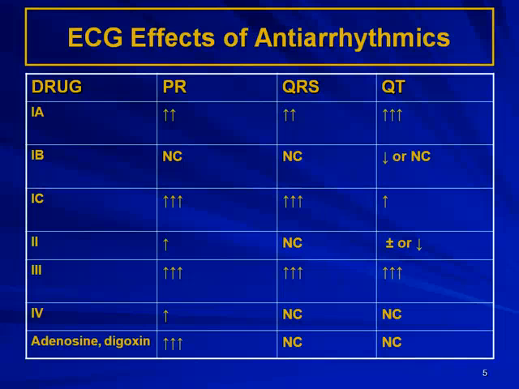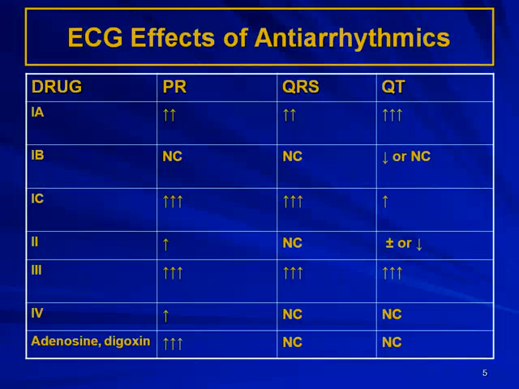One is that the class 1A and 1C drugs, as well as class 3, generally are broad spectrum drugs in terms of they will prolong conduction through the atria as well as the ventricle. So you will see PR interval prolongation as well as increases in QRS and QT interval with the 1A, 1C, and 3 drugs.